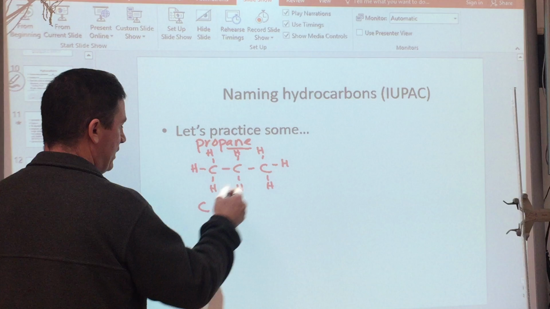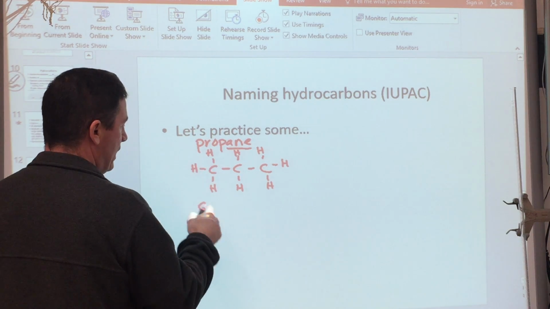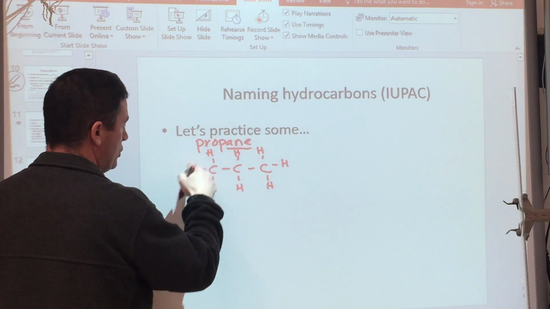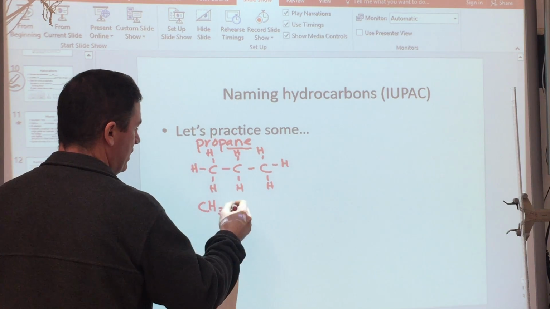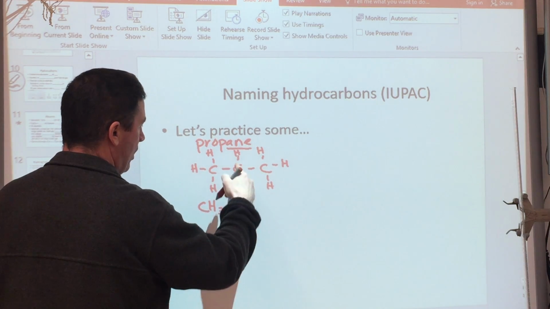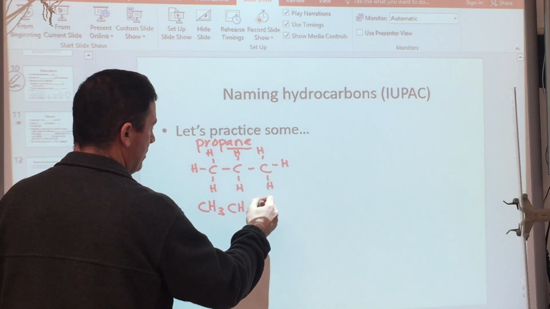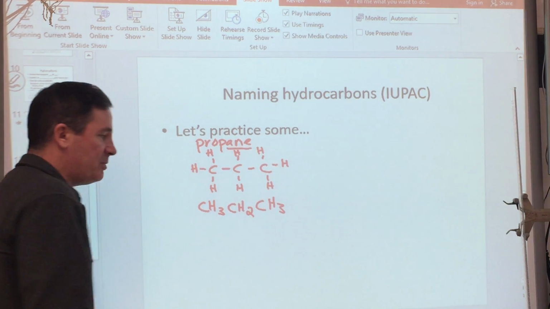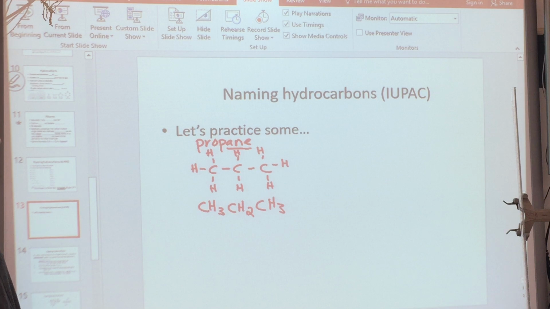I start from left and I go right. So I've got C, and how many hydrogens are attached to it? 1, 2, 3. Then I go to the next carbon. 2 of them are attached to that carbon. And then my third carbon, I've got 1, 2, 3 around that. So there's my condensed formula for propane.